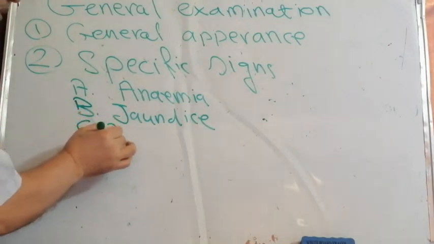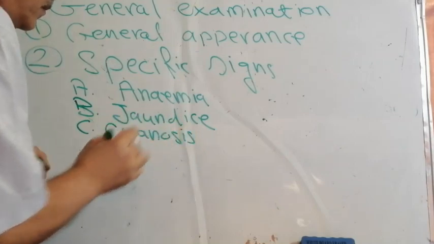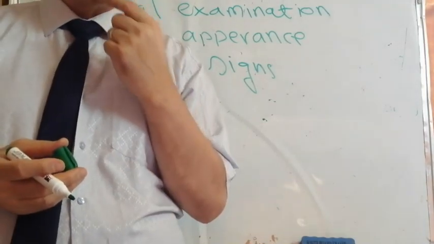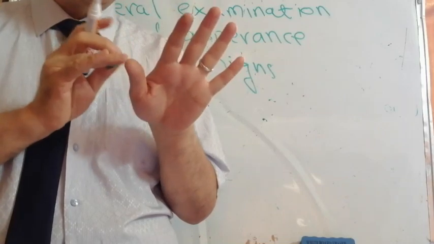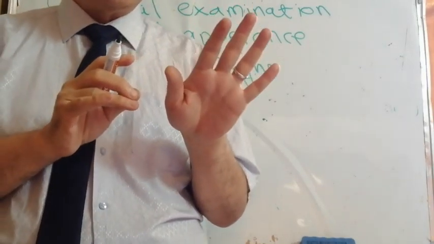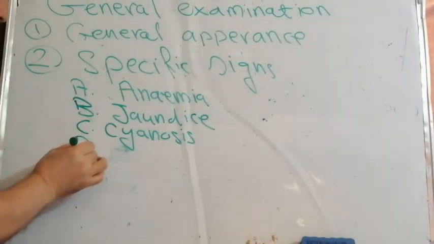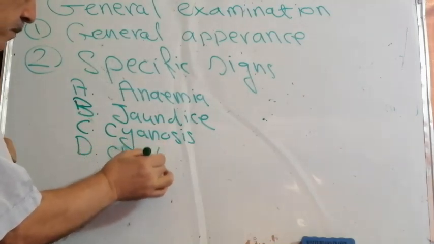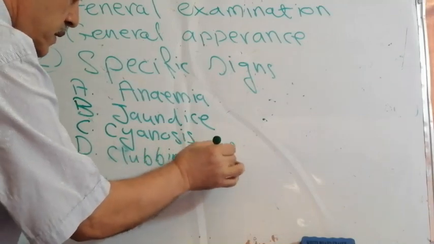C, cyanosis. Cyanosis could be central cyanosis in the tip of the tongue and in the lips, or peripheral cyanosis at the tip of the fingers. D, clubbing of fingers.